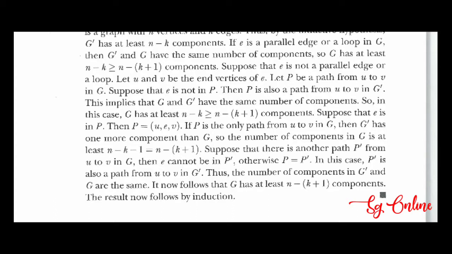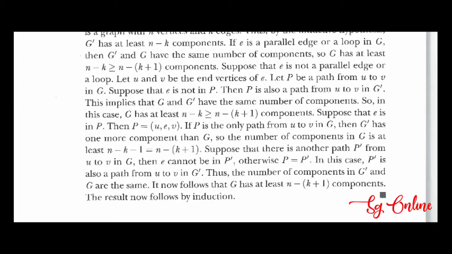And so in this case also the result becomes true. Now suppose E is within the path P, and that means the path is nothing but u E v, because u and v are the endpoints of the edge E. In this case, if we delete the edge E and there is no other path between u and v, then the component where u and v were situated breaks into two components, and so we have one more component in the deleted graph than in the original.